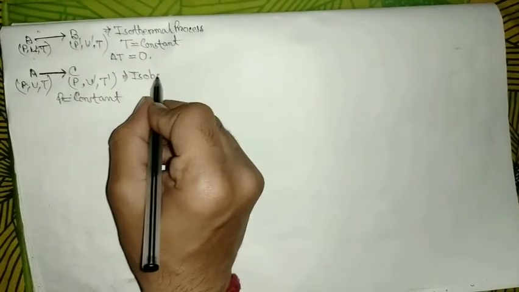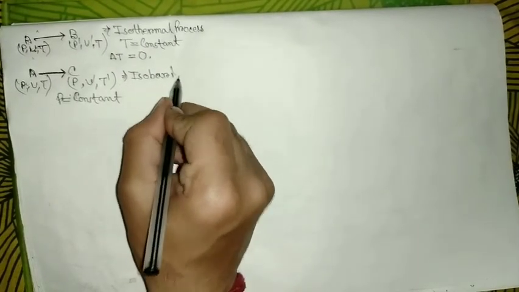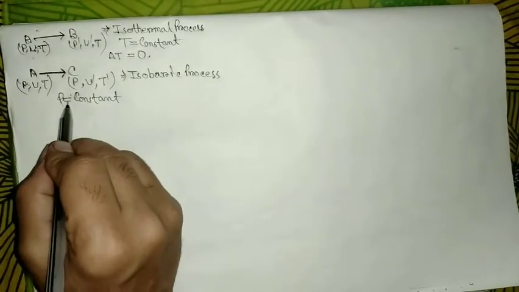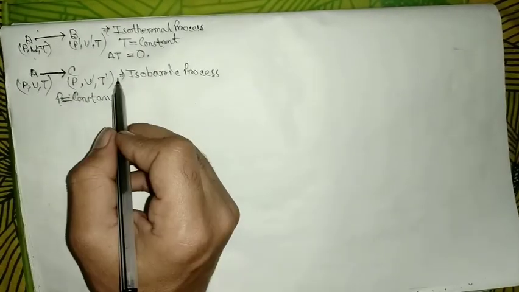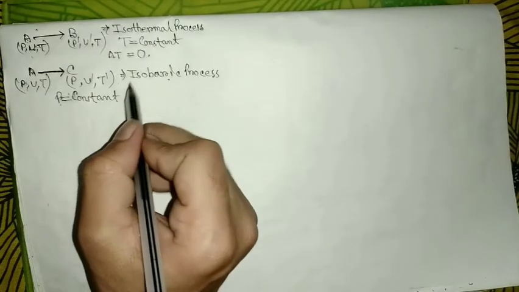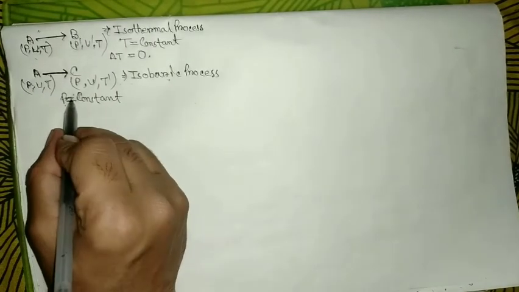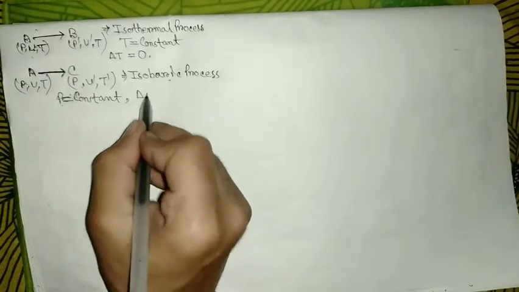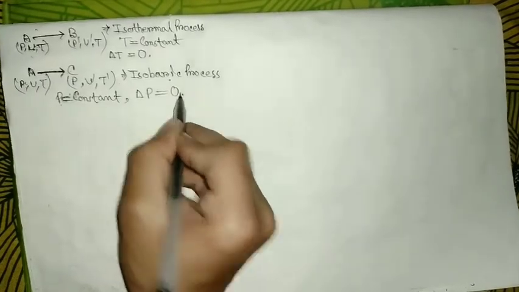So we are saying this type of process is isobaric process, where pressure is a constant quantity. As pressure is constant here, change in pressure will be 0.